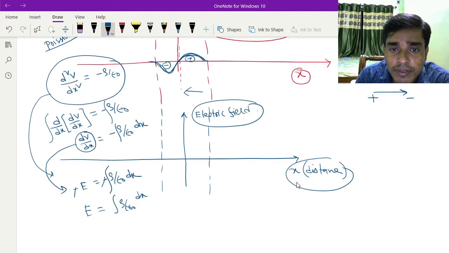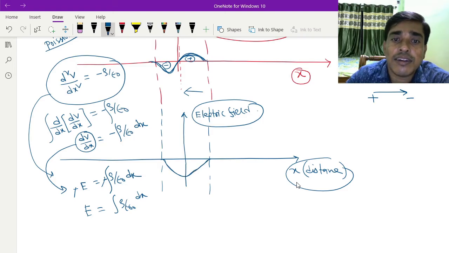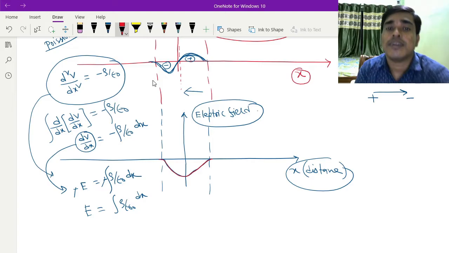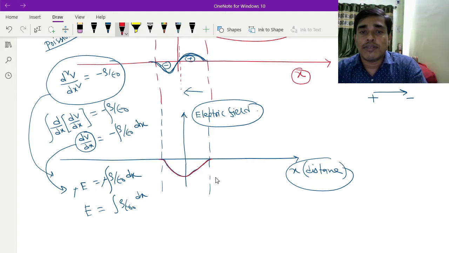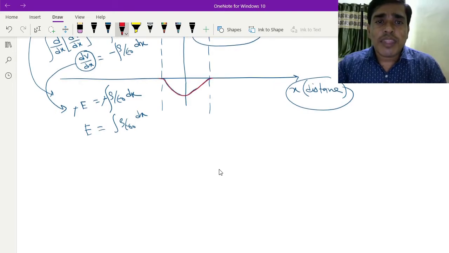So this is the electric field curve. This is the variation of electric field with distance, across this junction.